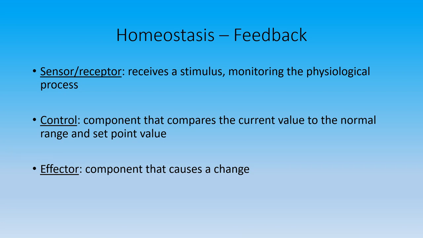And then the effector is the component that's going to cause the change. So it's going to receive the information of, okay, sweat gland, you need to start secreting sweat, or whatever the case may be. So your whole process of homeostasis with the sensor, control, and effector, in some ways you can think of it as similar to a thermostat in your home, that you set for a certain temperature.